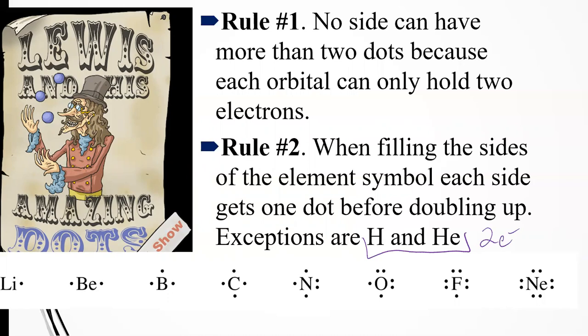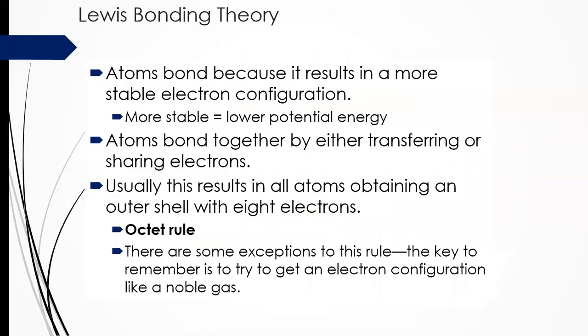Lewis's bonding theory is based on the idea that atoms bond because it results in a more stable electron configuration. When we say more stable, it means it has a lower potential energy. This generally results in atoms trying to obtain 8 electrons, the octet rule.